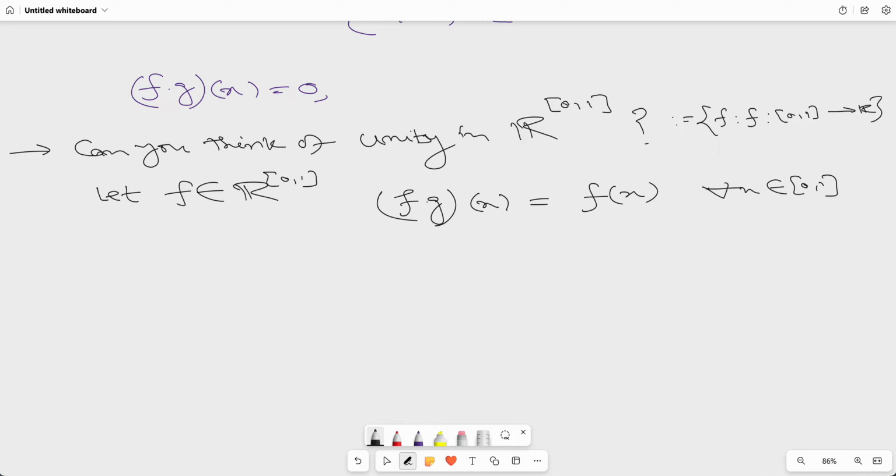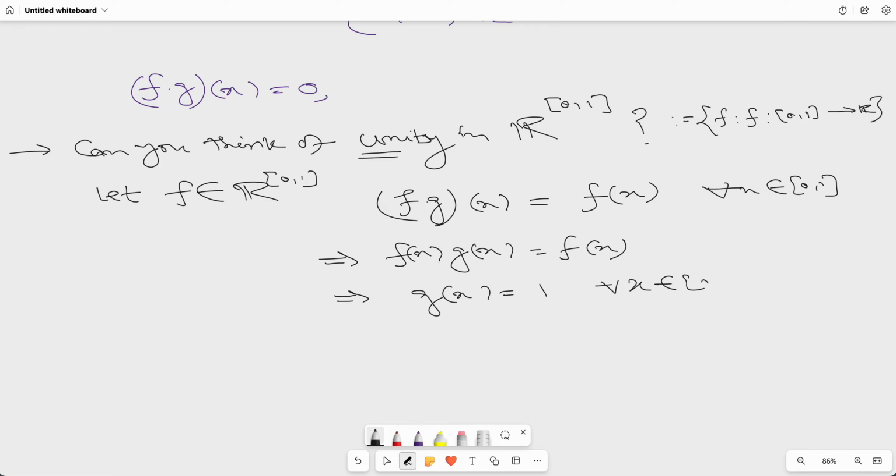So I am looking for a unity, not a unit right now. Later on we'll focus on unit. For a unit, you need unity. This implies that f(x) g(x) equals f(x), right? What does it mean? This implies that g(x) is 1 for all x inside 0, 1. You take g(x) to be 1, this will work very nicely.